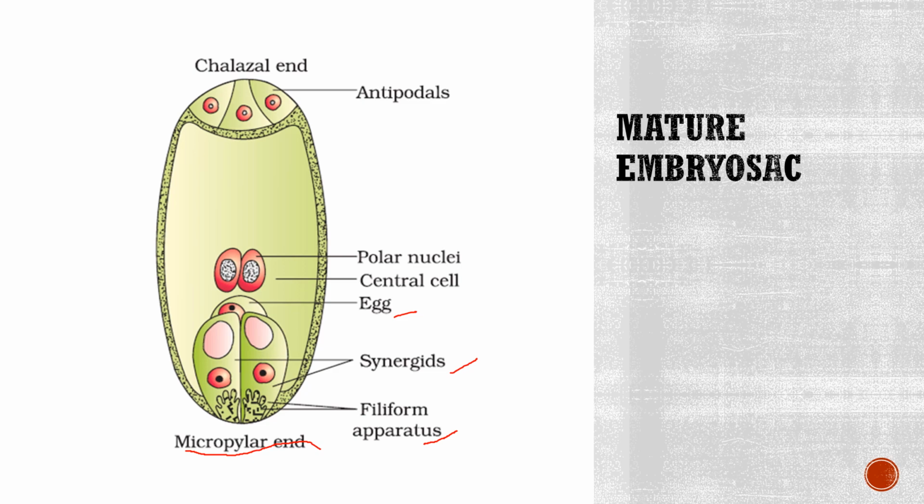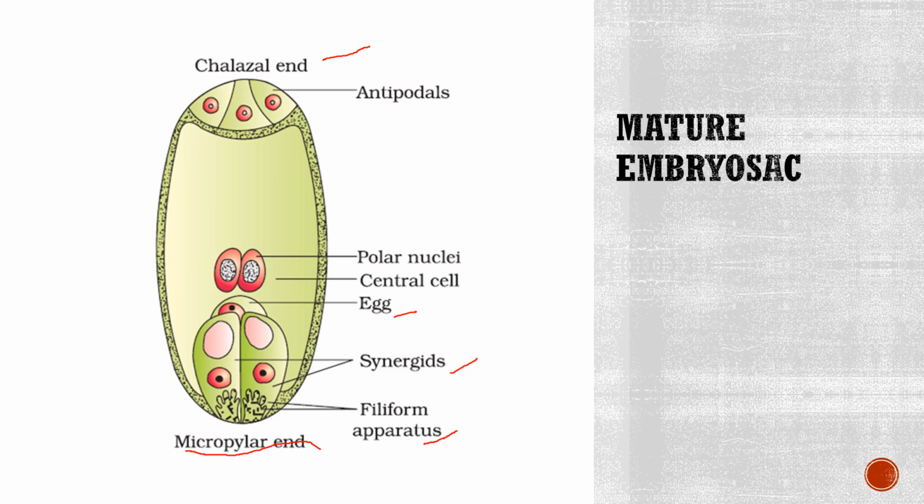while the egg is the cell which fuses with the male gamete in order to form the embryo or the zygote. The antipodal cells, on the other hand, which are found at the chalazal end of the mature embryo sac, are vegetative cells. They may develop haustoria for obtaining nourishment and they ultimately degenerate.